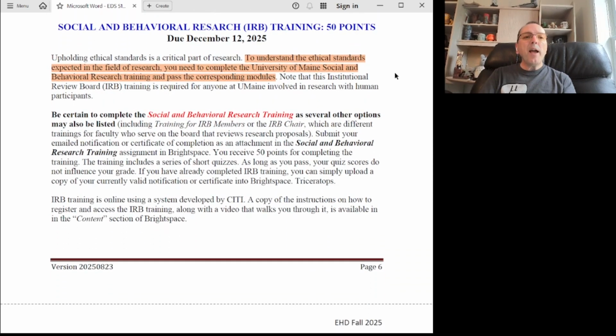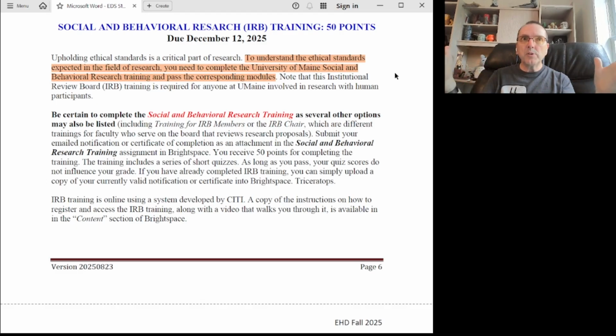Then we have this social and behavioral research training, or I will refer to it as the IRB, Institutional Review Board training. In this course, we're learning about research, different types of research, different approaches. But having ethical standards in the research you're doing is very important. And there's actually training that, as researchers, you have to go through.